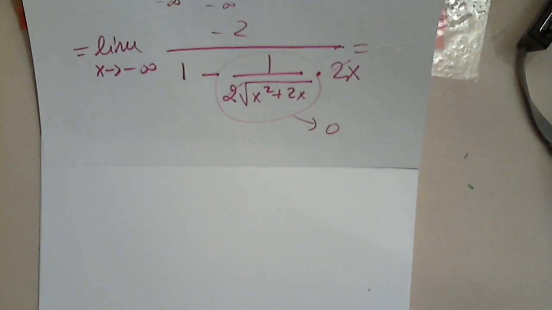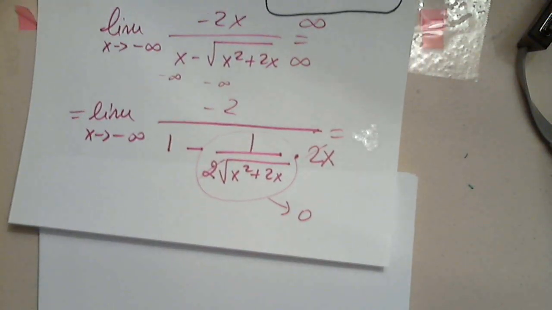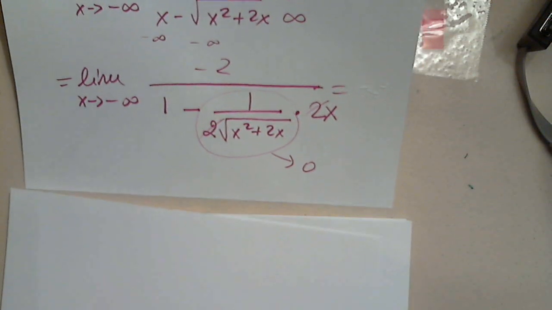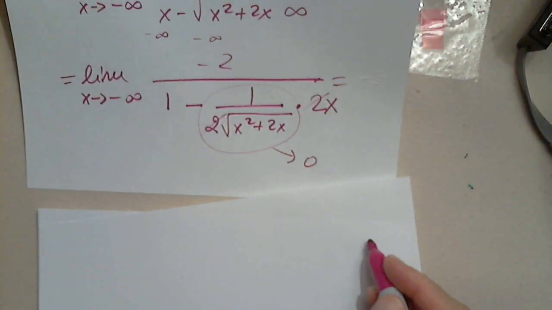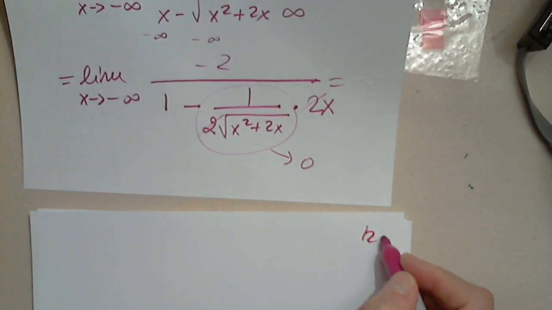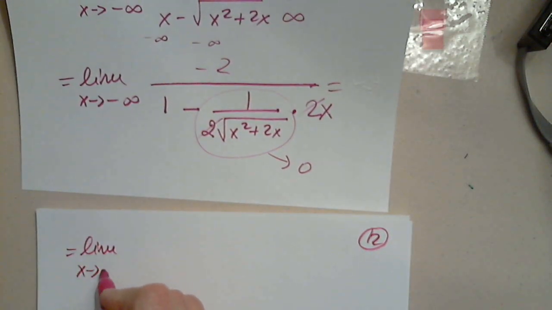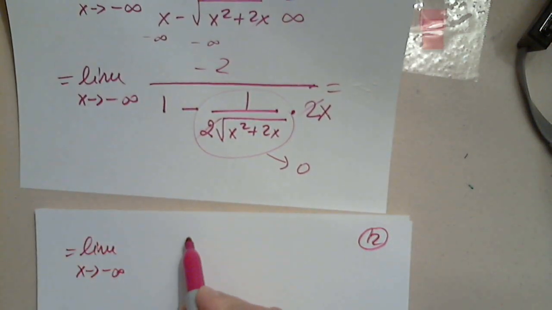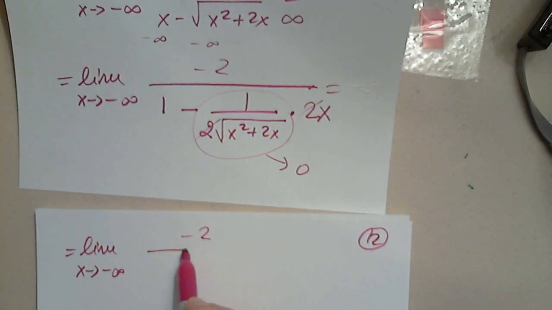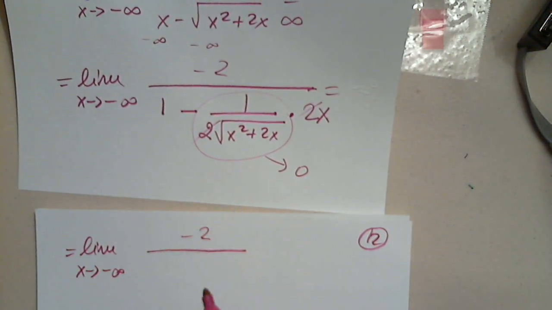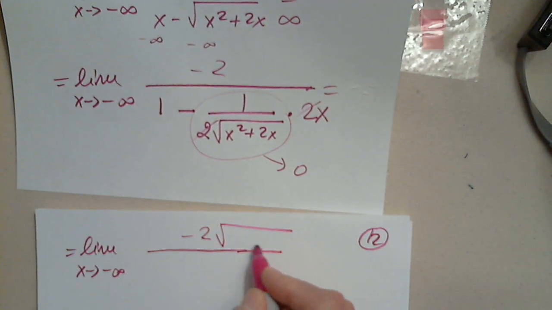So now we have limit as x approaches -infinity. The numerator is -2. And now the denominator, and I have to flip the denominator.